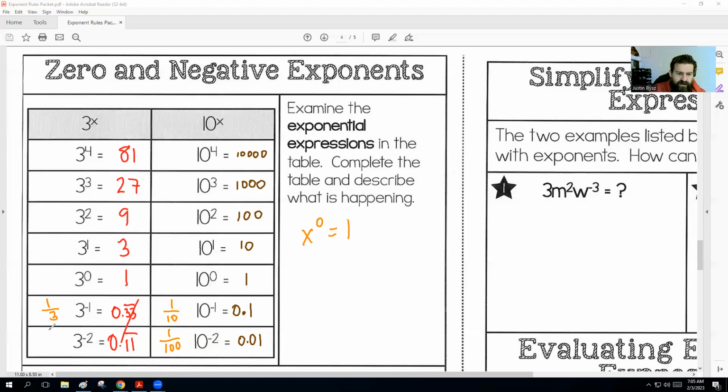And 0.111 repeating is 1 over 9. With the negative exponents, all we're doing is making it a fraction. We can have 1 over 10 to the 1st, 1 over 3 to the 1st. 1 over 100 we could rewrite as 1 over 10 squared. So the negative turns it into a fraction.